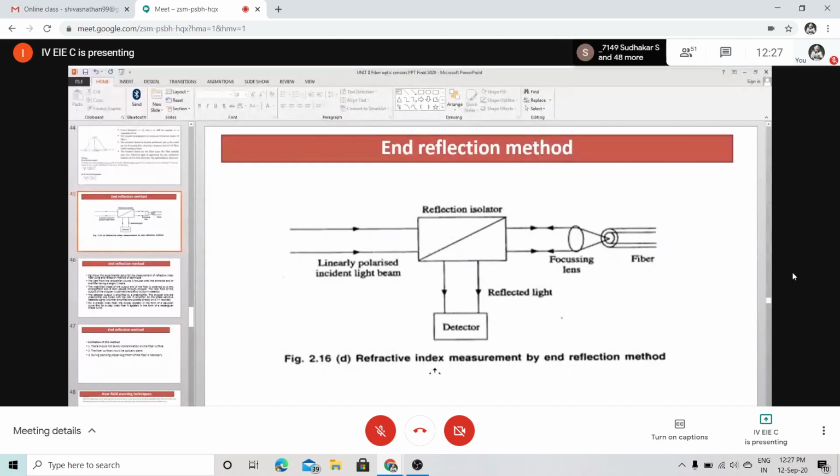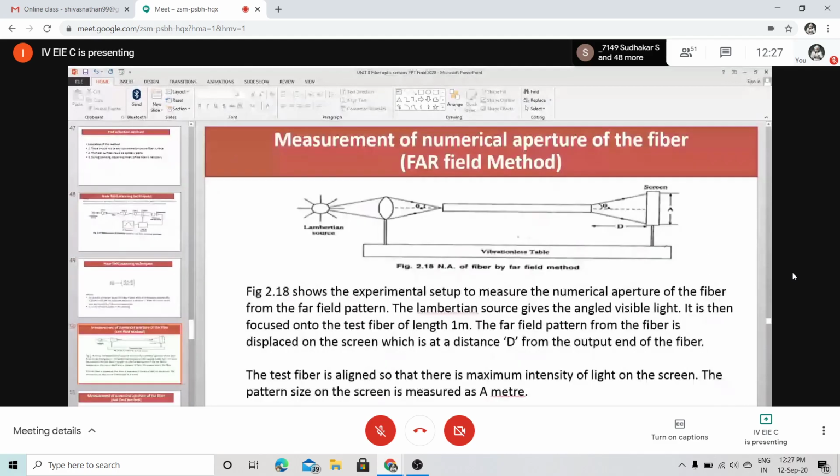And maybe I could give you a basic idea of how the measurement of numerical aperture is done. We have different techniques related to numerical aperture measurement, and this is a very simple technique. We have a Lambertian source, and you must ask me: what is meant by a Lambertian source?